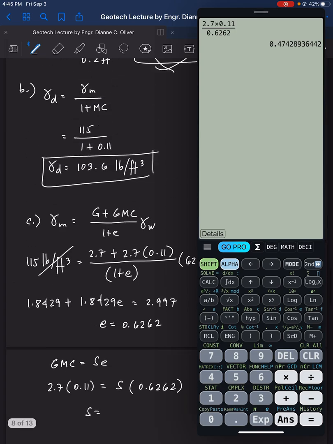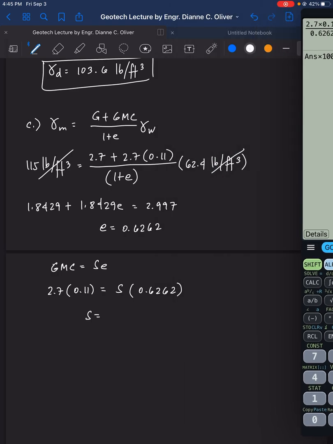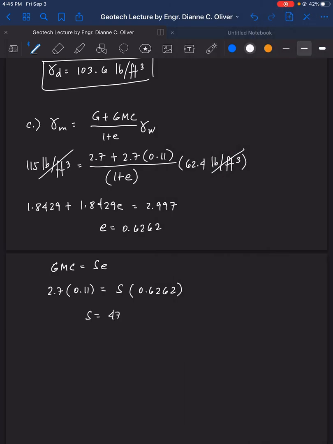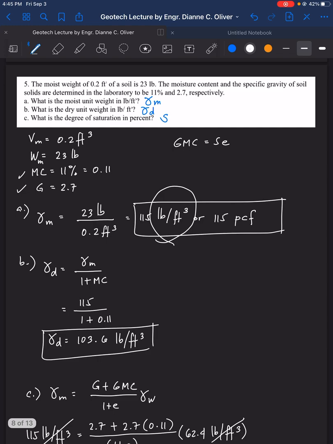That is 0.4747. Is it in percent? Yes, we're looking for percent. So times 100. So that is 47.43%. So that's for number 5.